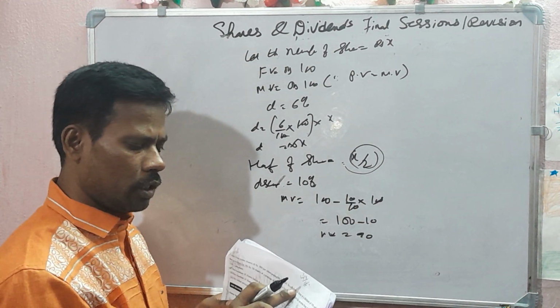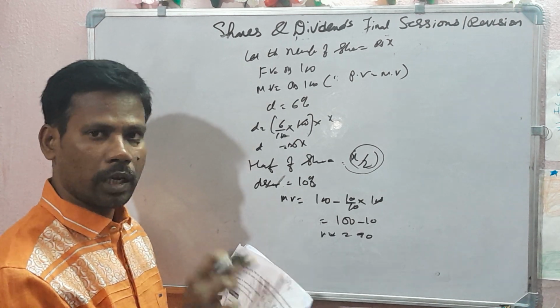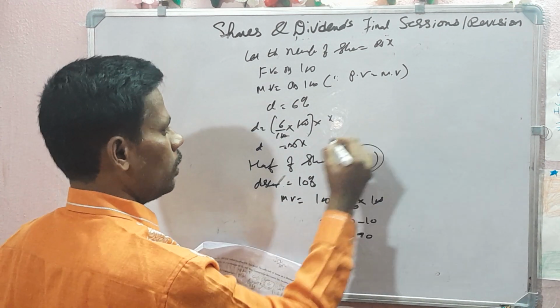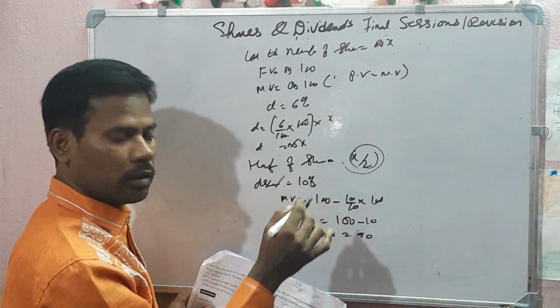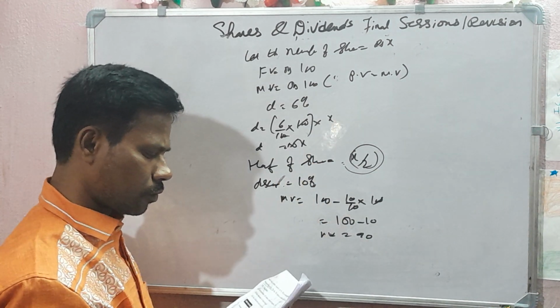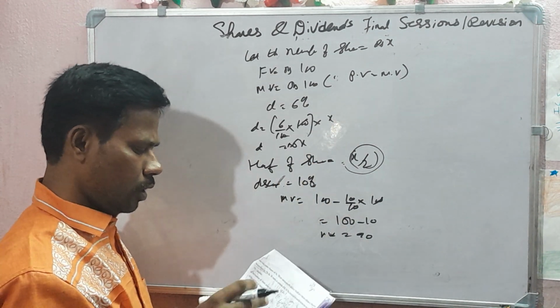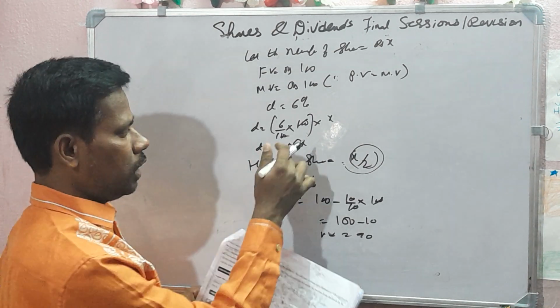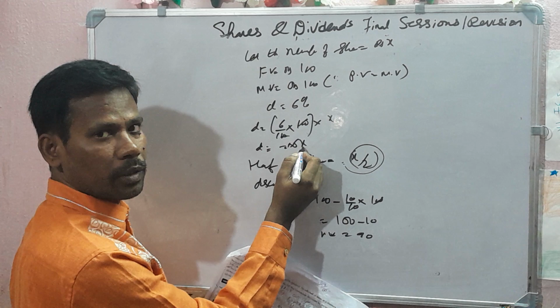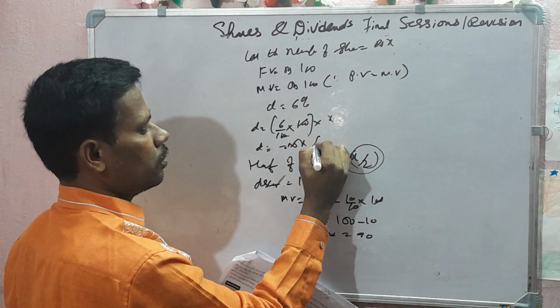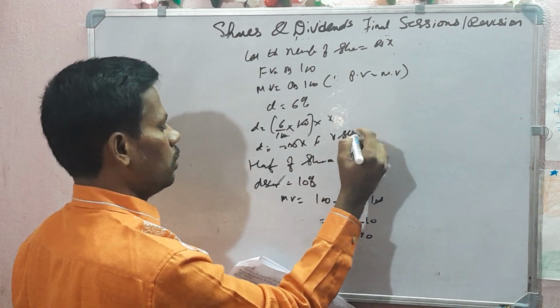Since he sells half of this at a discount, this dividend of rupees 6x is for the full shares. Dividend is rupees 6x for x shares.